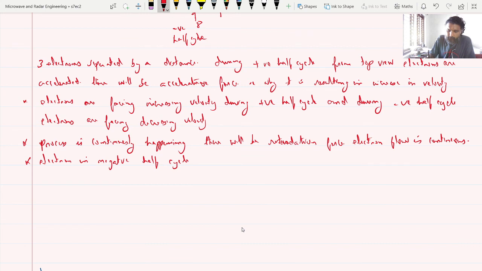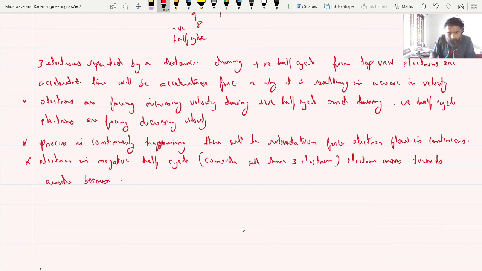Consider the same three electrons. The electron will be moving towards the anode because of the magnetic field, facing the same trajectory.